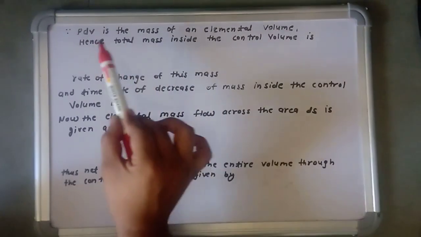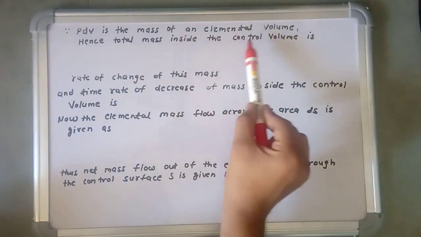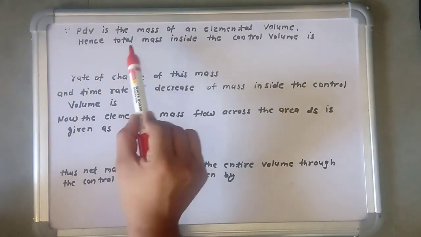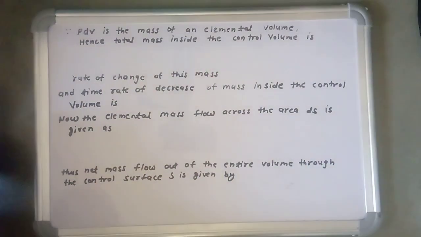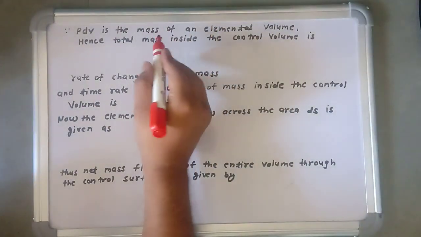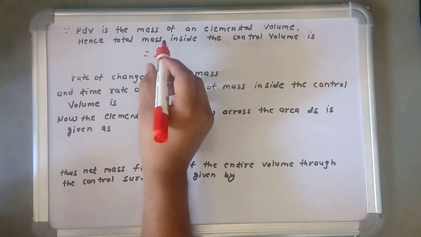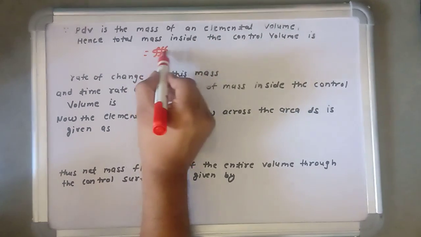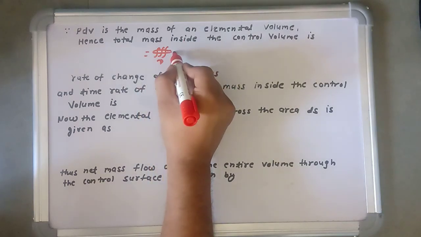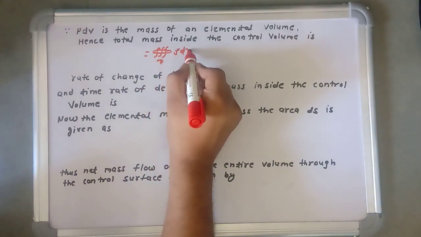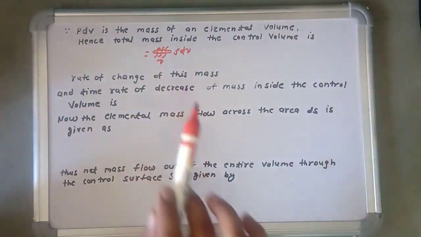Because rho dV is the mass of an elemental volume, the total mass inside the control volume is given by the integral of rho dV. This is the indication of the closed surface.